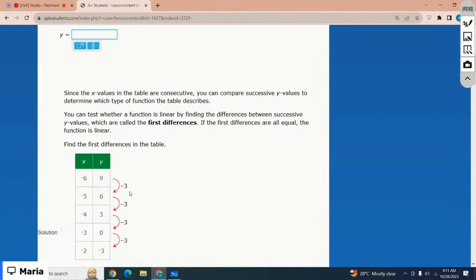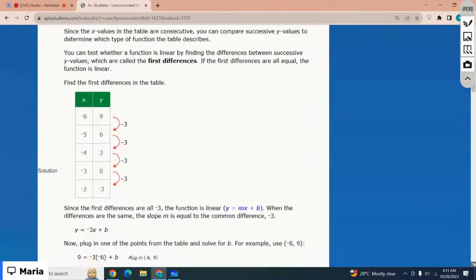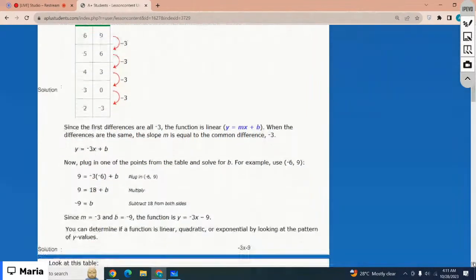9 minus 6, 6 minus 9, -3. 3 minus 6, -3. 0 minus 3, -3. -3 minus 0, -3. You can see the first difference is constant. That means the equation is a linear equation, right? So the first differences are all -3. The function is linear.